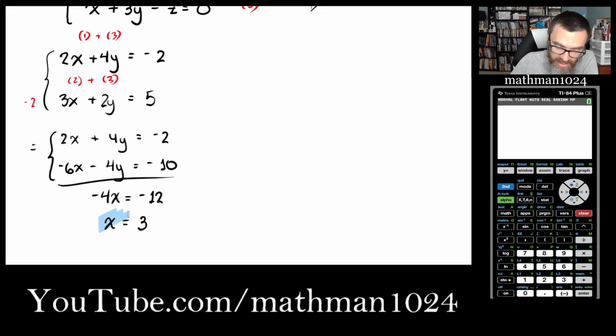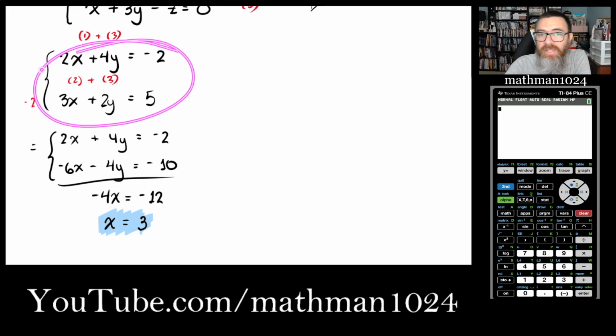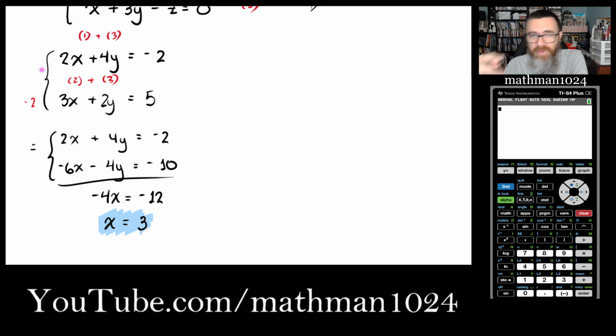So this is not our answer. This is just the first part of the answer. Once we have 3, we work our way backwards. Because of the system that we have right here, that's x and y, we know x, so let's find y. And then once we have y, the only thing we don't know is z.